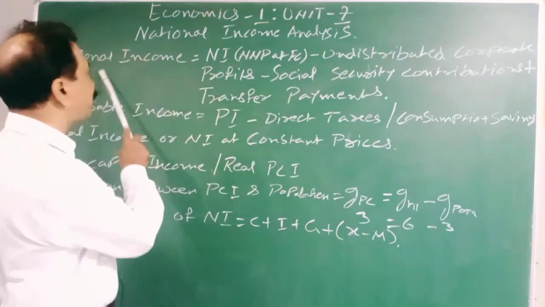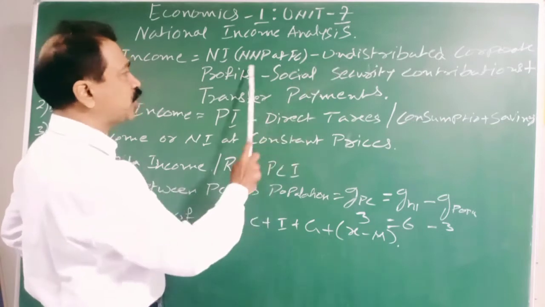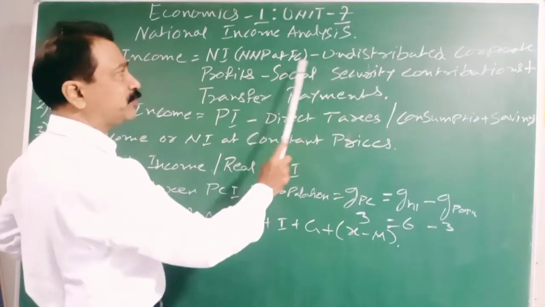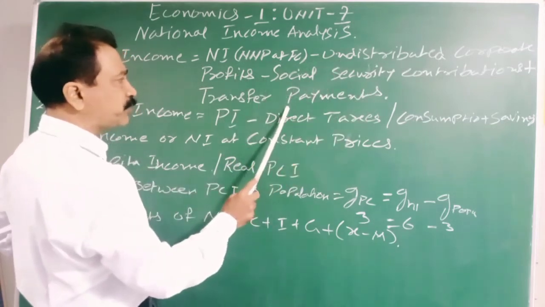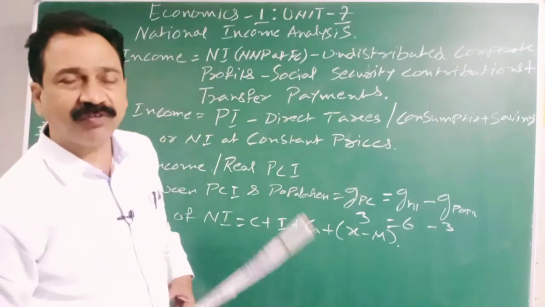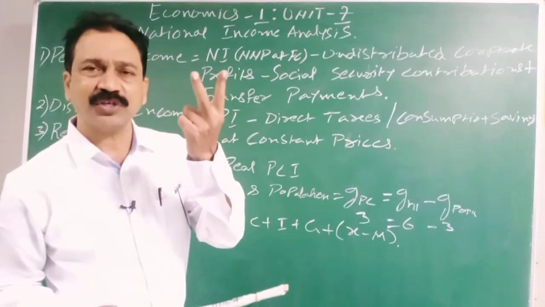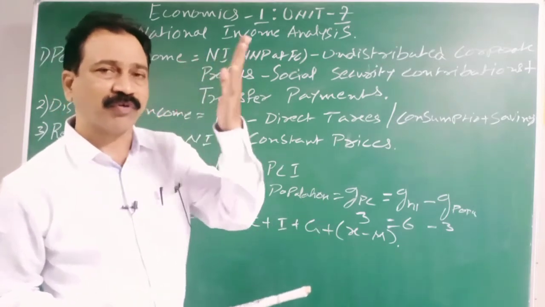This is added to personal income. From national income, these two are removed: undistributed corporate profits and social security contributions, and transfer payments will be added. That is personal income. That will be reaching the people in 4 shapes: rent, wage, interest and profit.